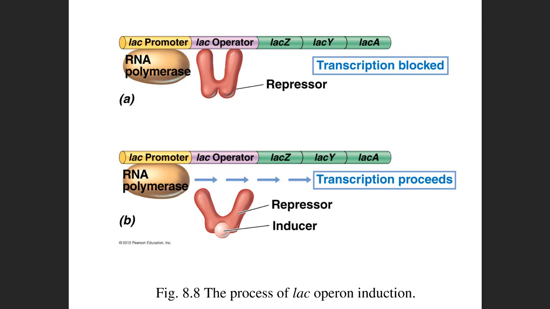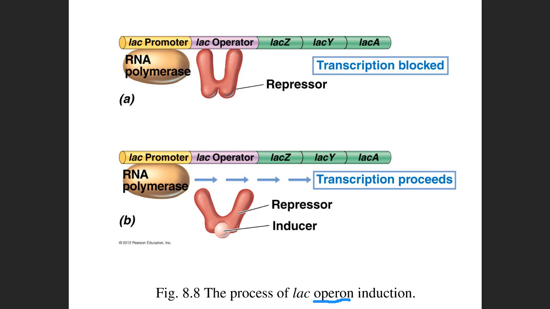Okay, so first you look at the lac operon. First of all, the concept of an operon. What is an operon? An operon is a unit that contains the structural genes and the regulatory region.